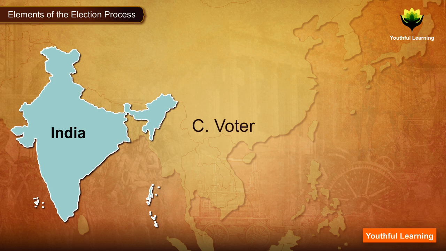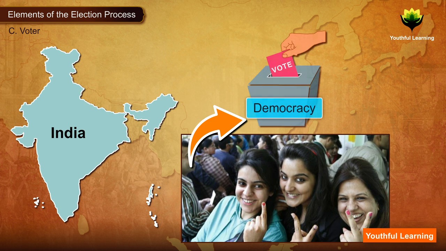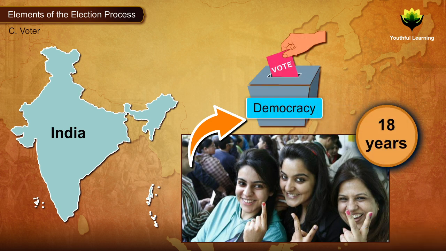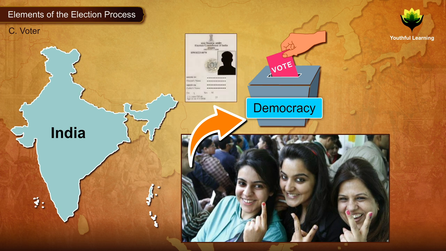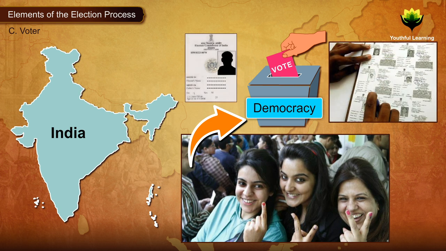C. Voters. In India, a citizen can vote after completing 18 years of age. To be recognized as a voter, it is necessary that the citizen register his name in the electoral roll.